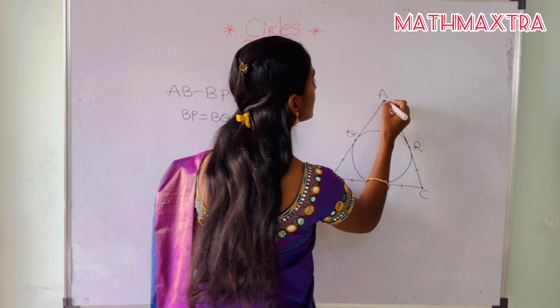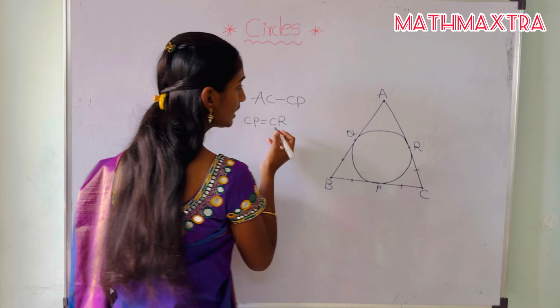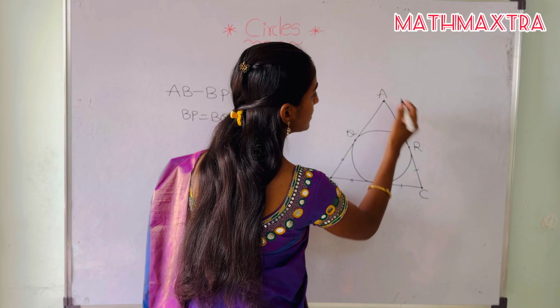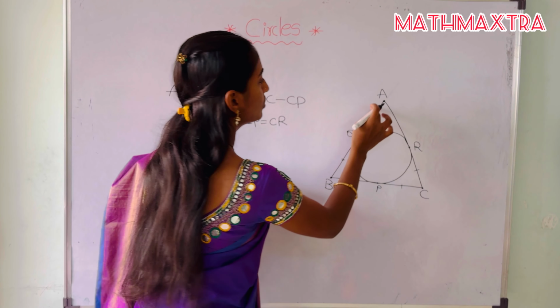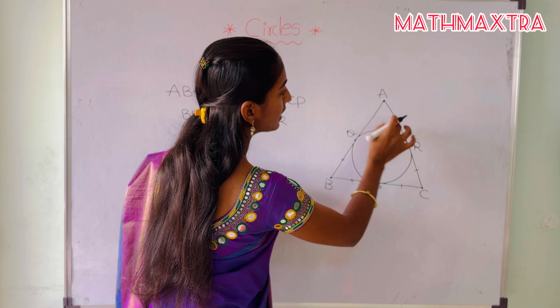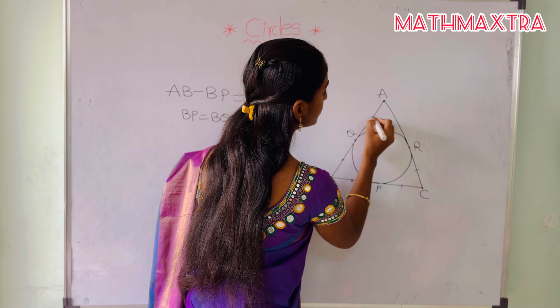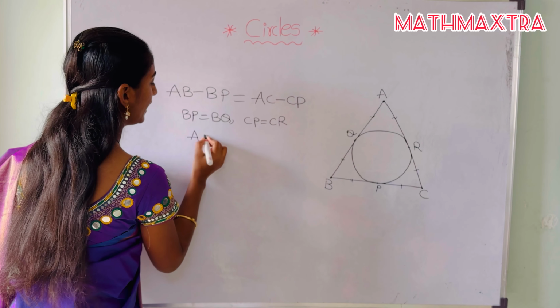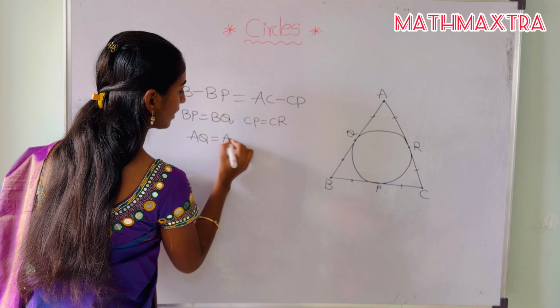And if you consider point A, we can also draw two tangents from this point A. Those are AQ and AR. These two are also equal, which is nothing but AQ is equal to AR.